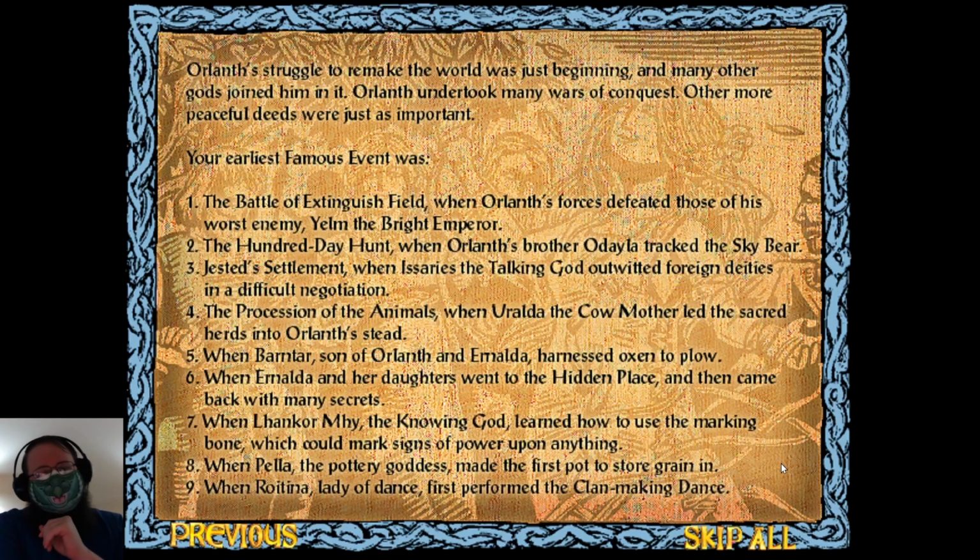Now, technically, I did at some point yesterday learn what all of these meant. Technically. I forget them. As I pointed out when I did the tutorial, Pella the pottery goddess made the first pot to store grain in. Pottery. You are the god of pottery, and you made the first pot.